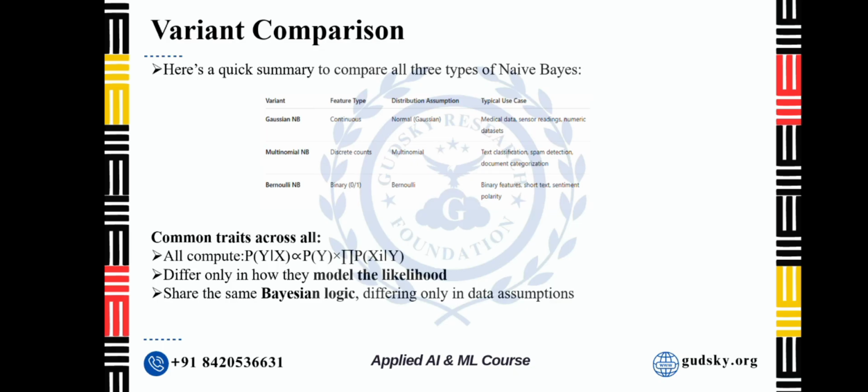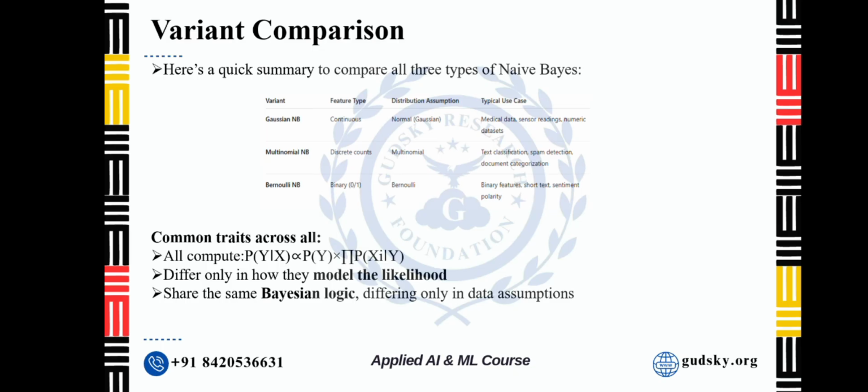Now, variant comparison. Here is a quick summary to compare all three types of naive Bayes, so it is crystal clear which one is used and when. The variant Gaussian naive Bayes has continuous data, with example use cases like medical or sensor readings, and the key feature is that features follow a normal distribution.